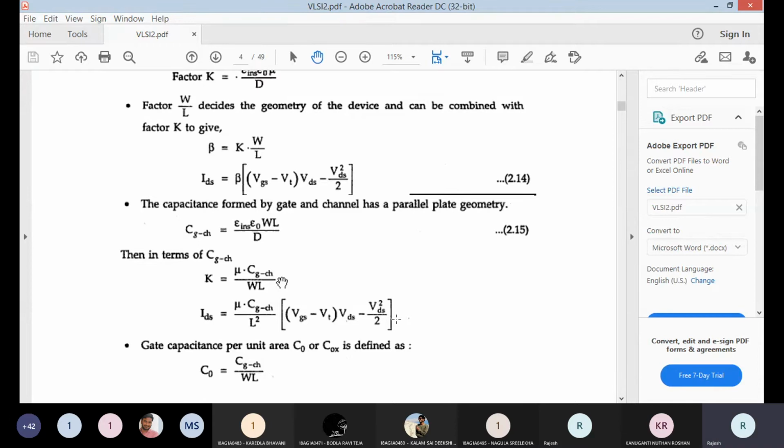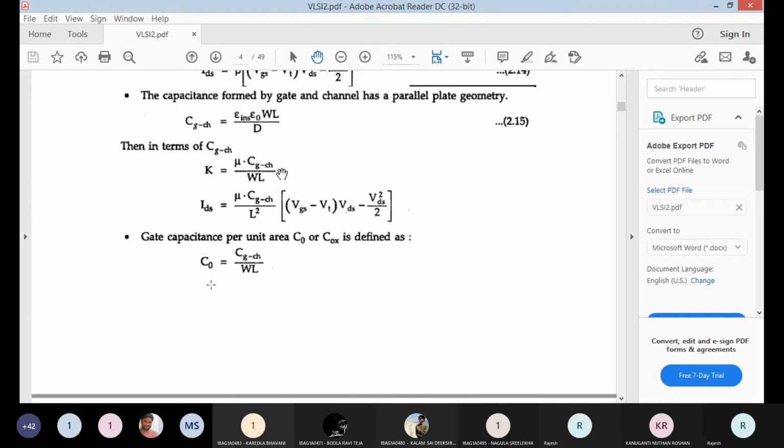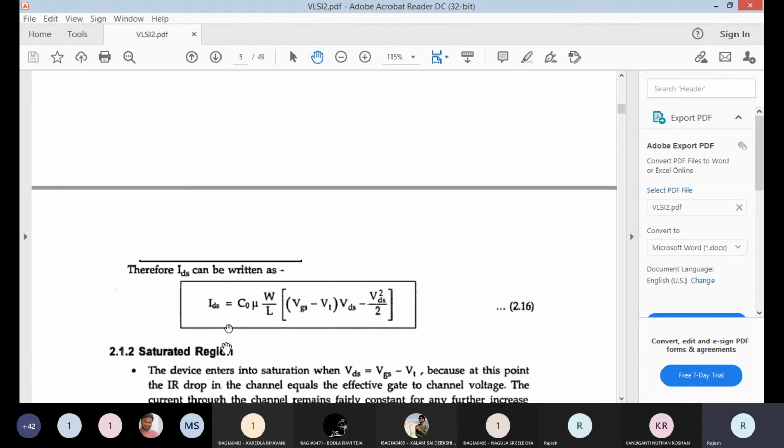Now we consider one more point, gate capacitance per unit area, that is called oxide capacitance. Gate capacitance per unit area, COX, is nothing but CGCH by area. So again you substitute in place of CGCH, and you get one more equation for current as IDS is equal to mu into W by L into COX into this.